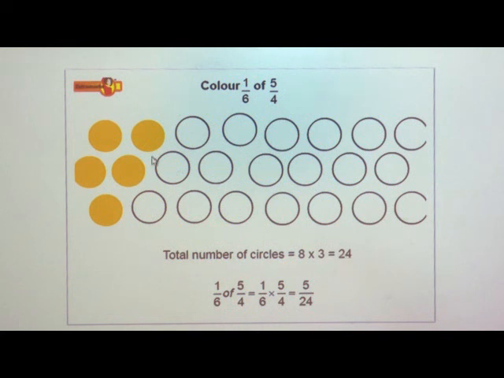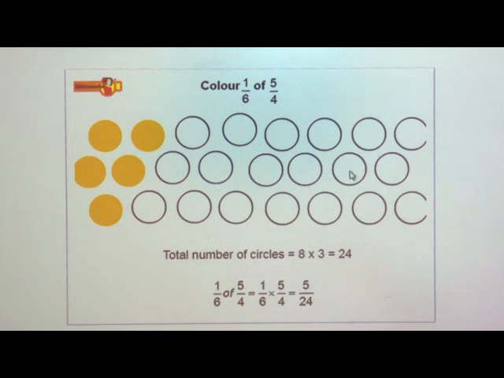I am not going to count 1, 2, 3, 4, 5, 6 and so on, because now we know how to multiply and how to find the total number. First we see the number of circles, that is 8, and there we have 3 rows. So 8 into 3 is 24.